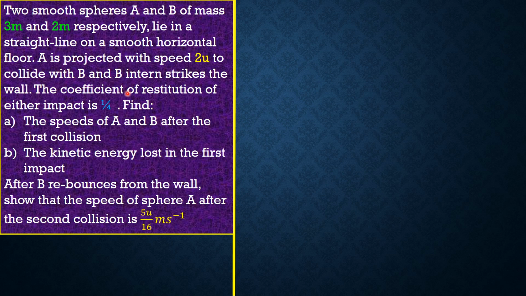The coefficient of restitution of either impact is 1/4. Find (a) the speeds of A and B after the first collision, then (b) the kinetic energy loss in the first impact. Then there's a small paragraph which says that after B rebounds from the wall, we should show that the speed of sphere A after the second collision is 5u over 16 meters per second.